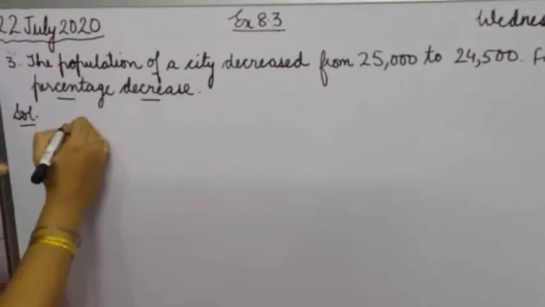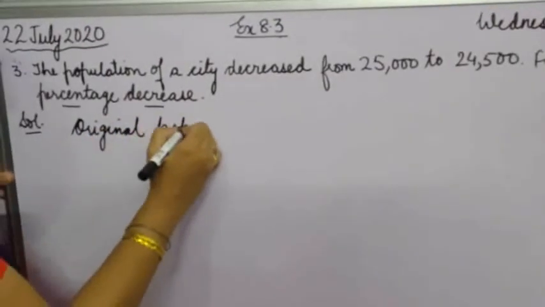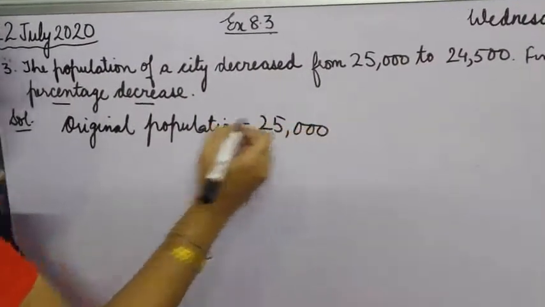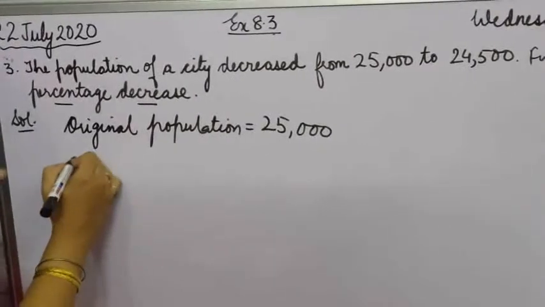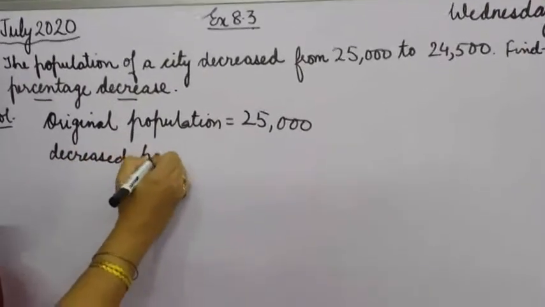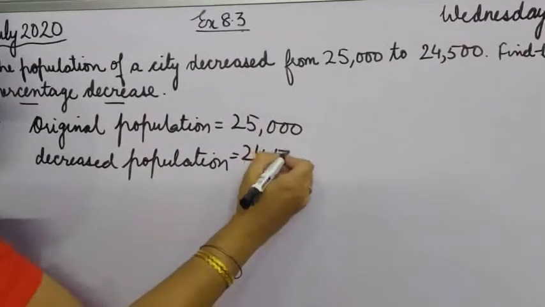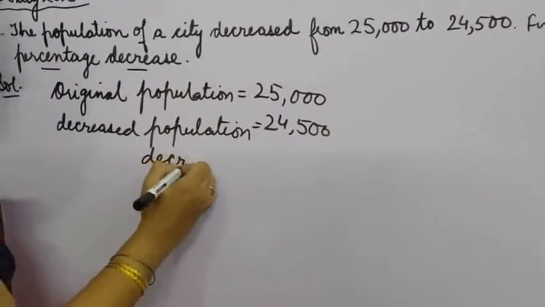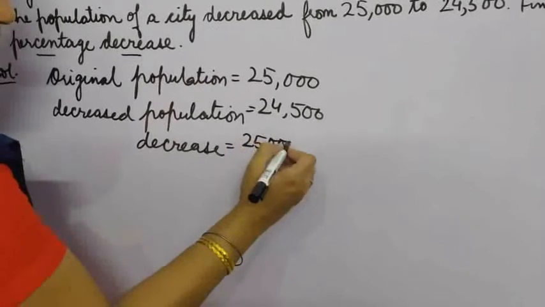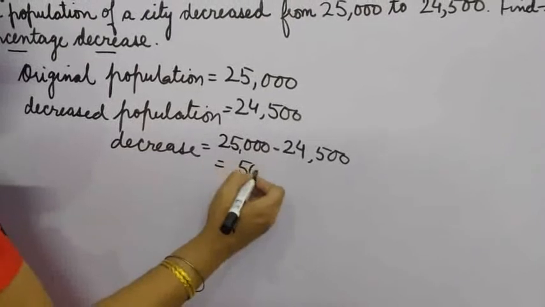So the original population was 25,000, and the decreased population is 24,500. Now how much is the decrease? For finding this out we have to subtract. So the decrease is 25,000 minus 24,500. So it would be 500.